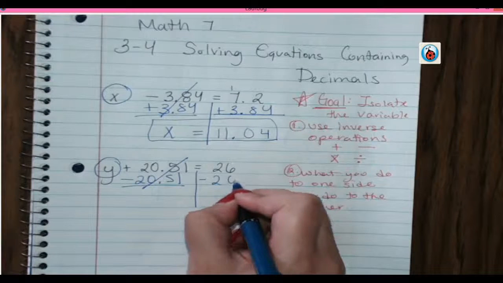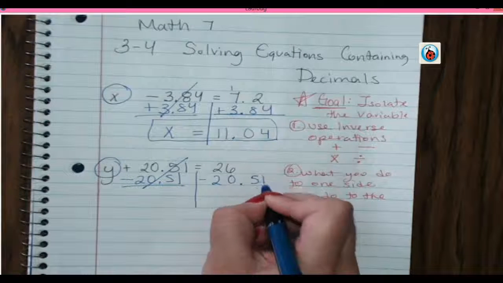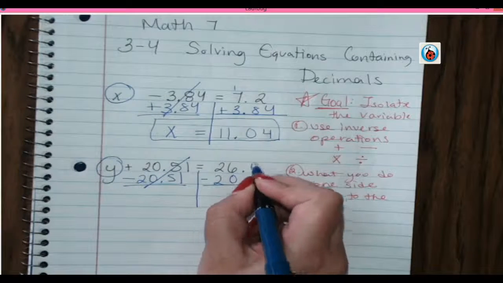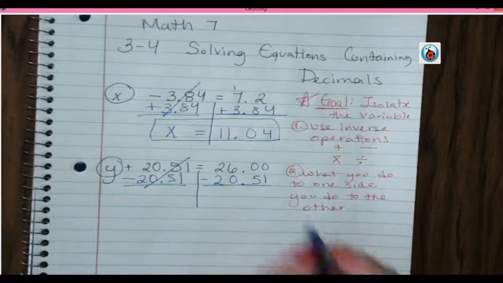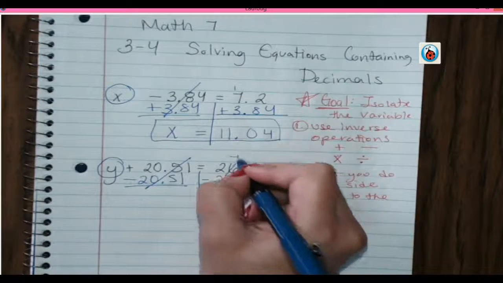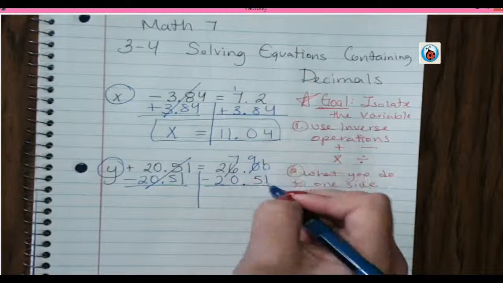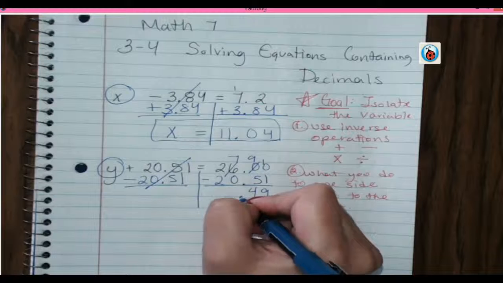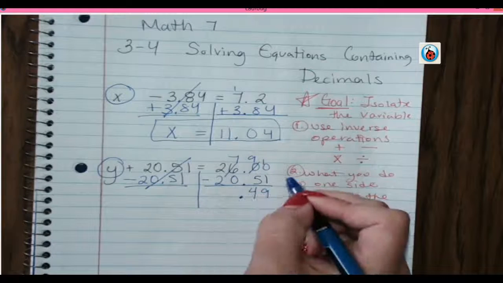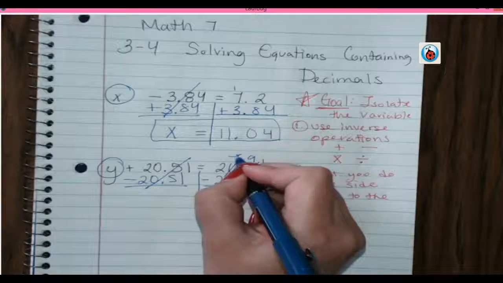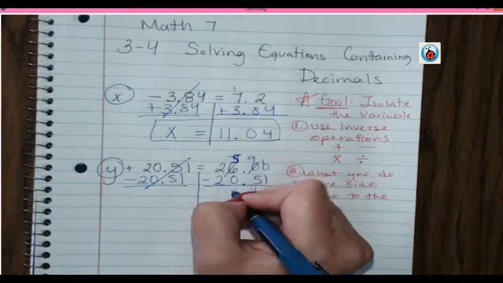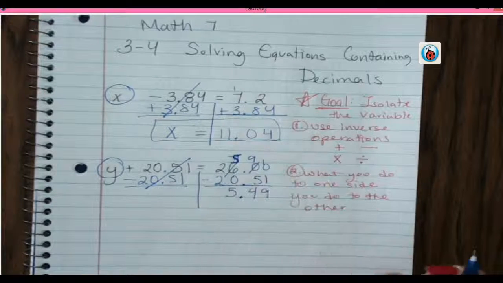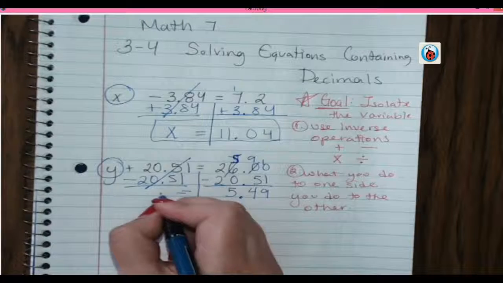We're subtracting, so we have to line up our decimals. Put in zeros. So we have to borrow from 6. 10 minus 1 is 9. 9 minus 5 is 4. Bring down the decimal. 5 minus 0 is 5. So 5.49 is equal to y.